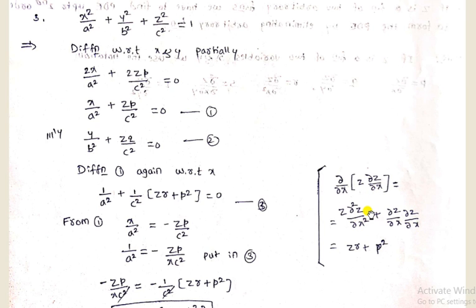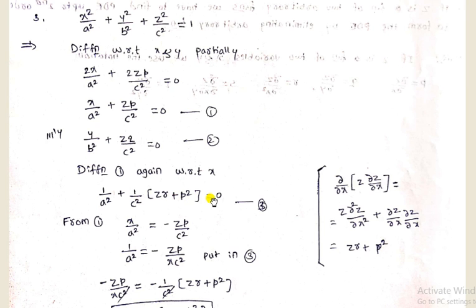And we know that second order differentiation of z with respect to x, or dou square z by dou x square, is denoted as r. So it becomes zr, and dou z by dou x is p, dou z by dou x is p, p into p, p square. So differentiation of zp gives zr plus p square.